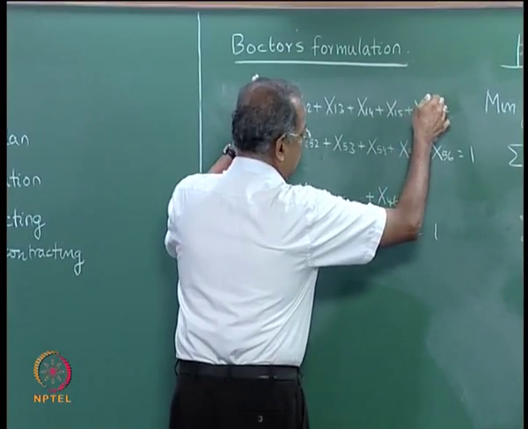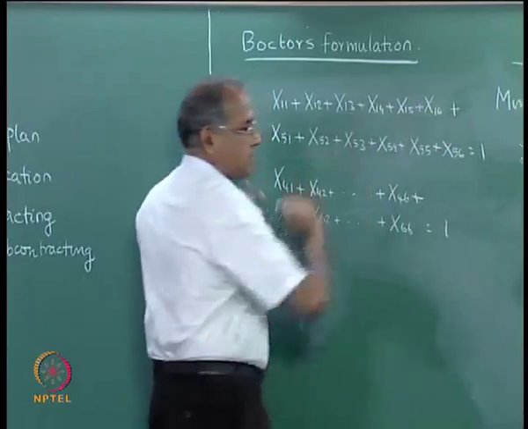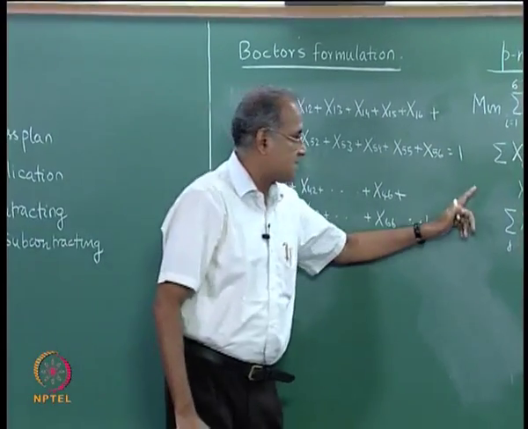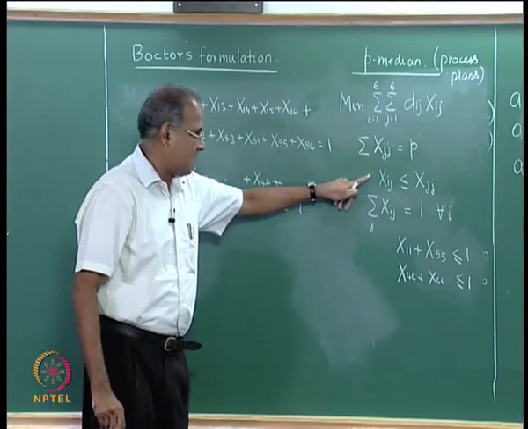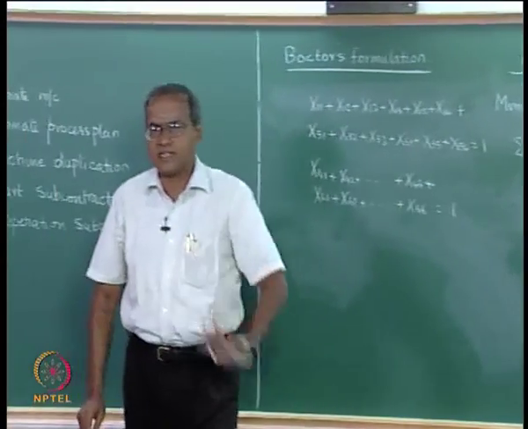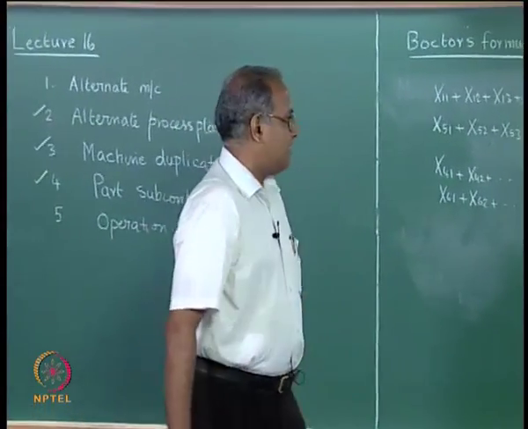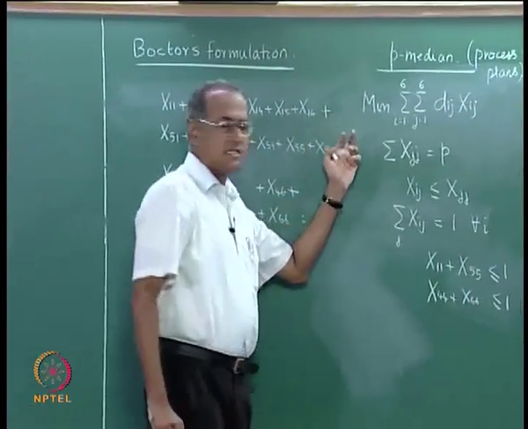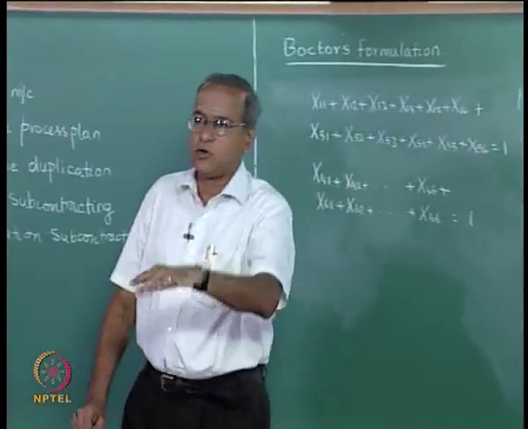The other 2 constraints for 2 and 3 will remain only up to this part. So that is how these 6 constraints will now become 4 constraints. xij less than or equal to xjj will stay intact, except that for all 6 we will do that. xjj equal to p will also stay intact. This will ensure that alternate process plans both do not become median.